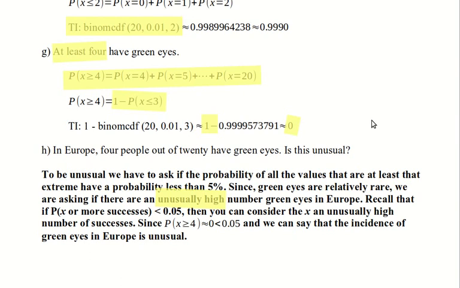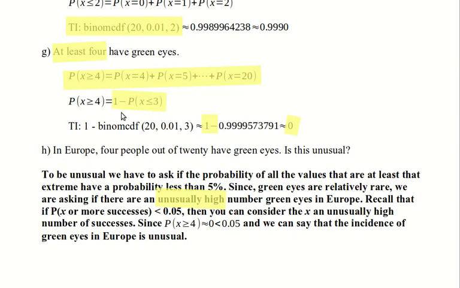Recall that if the probability of X or more successes, 4, 5, 6, 7, 8, all the way up to the total number of 20, is less than 5%, then you can consider that X value to be unusually high. So therefore, we're going to use the information that we just computed.